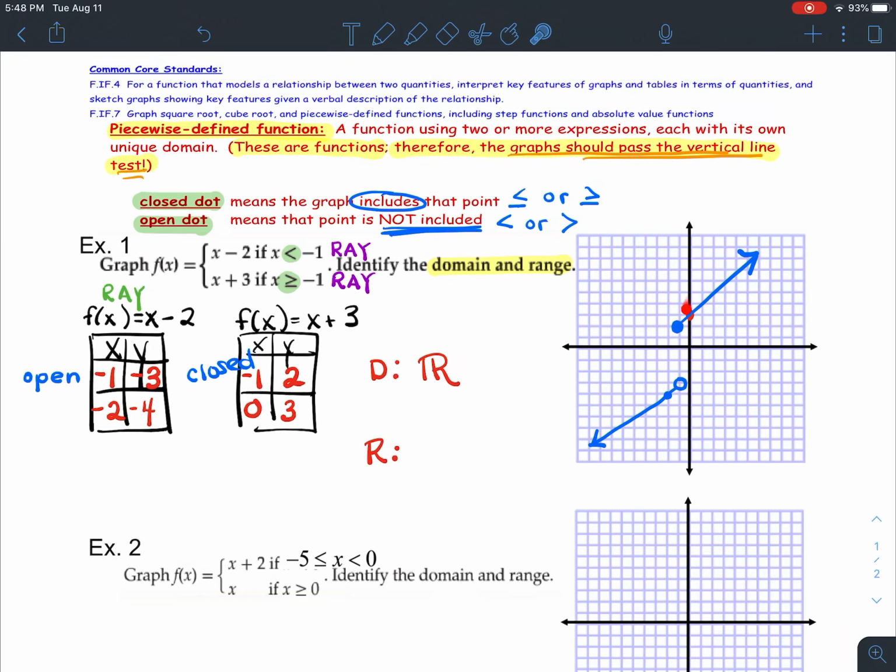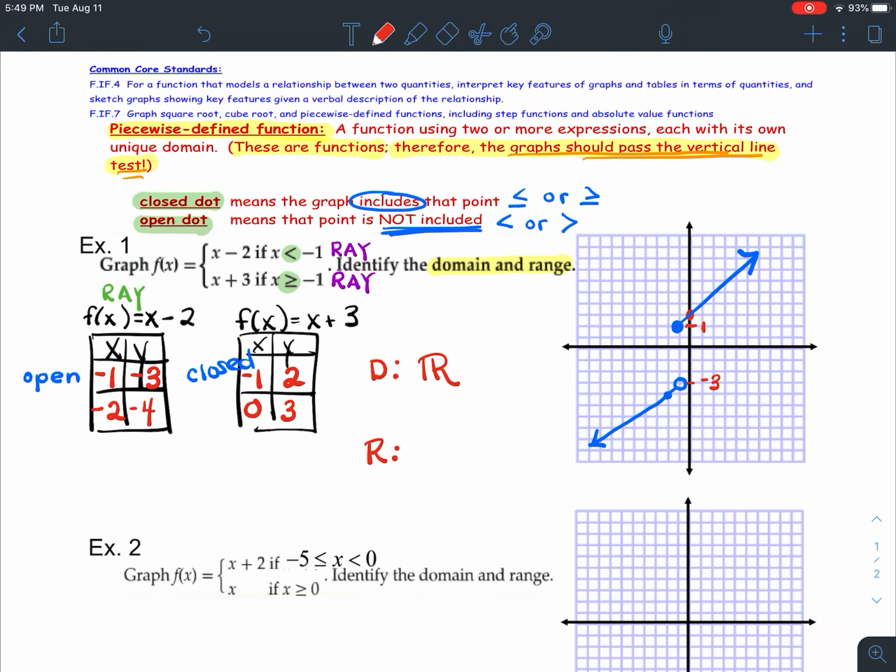But then as you go from bottom to top, this piece is stopping right here. Now, what y value is this stopping at? Make sure you're looking at the y-axis. It's stopping right here at a y value of -3.